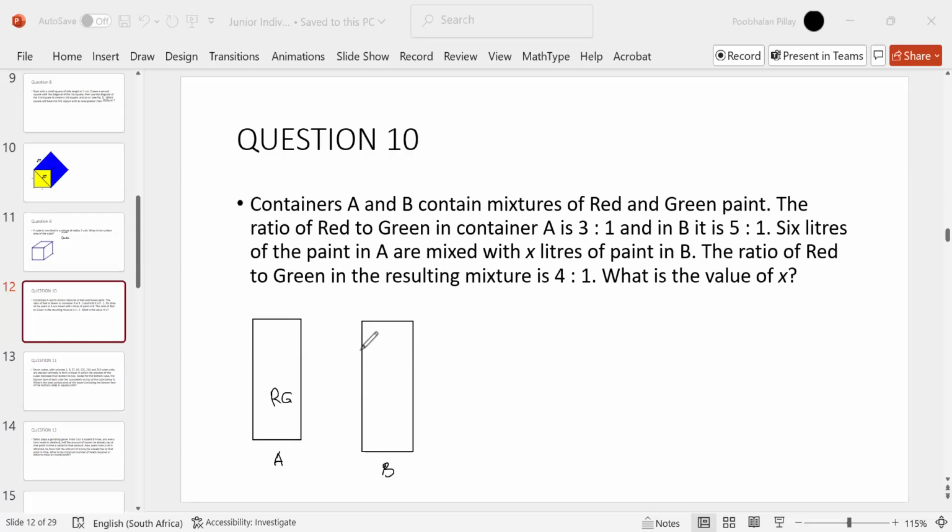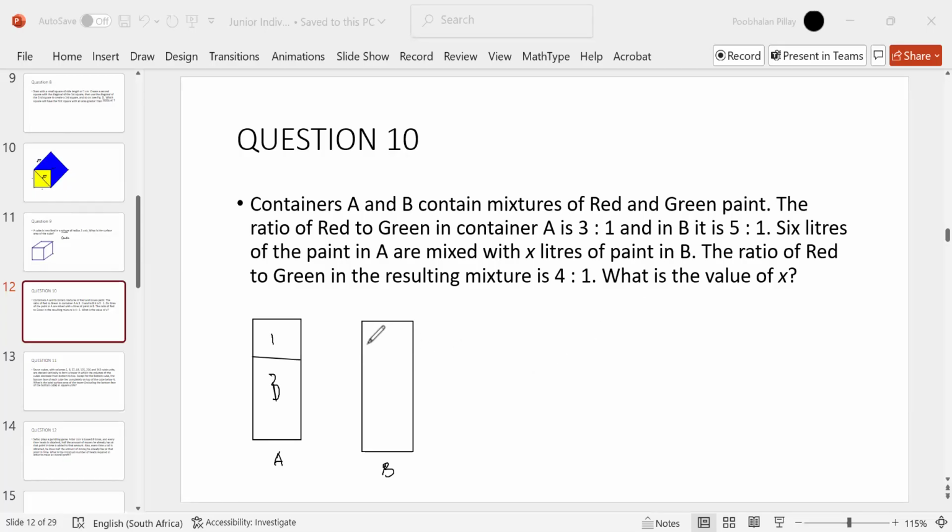And the ratio of red to green is 3:1. So let me just not mix them up too soon. I'll just say that there are 3 parts of red to 1 part of green. So you've got the 3 parts, 1 part ratio, right?